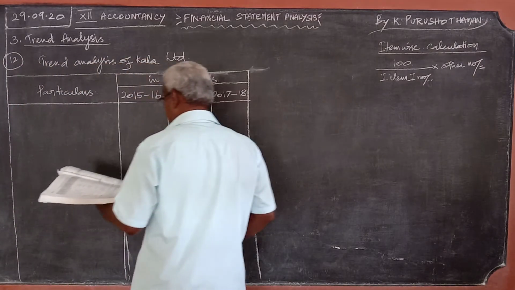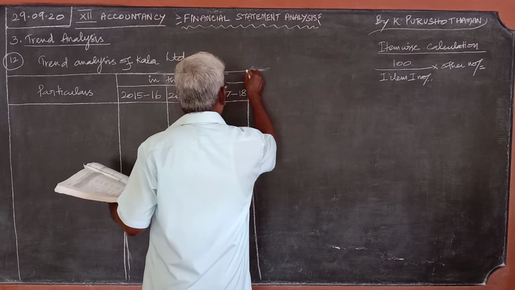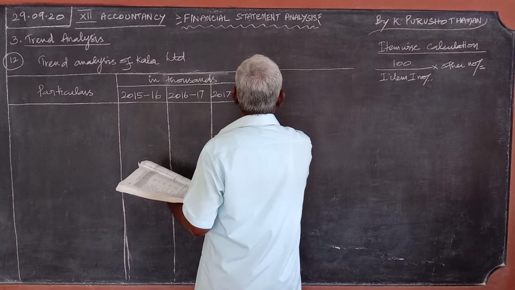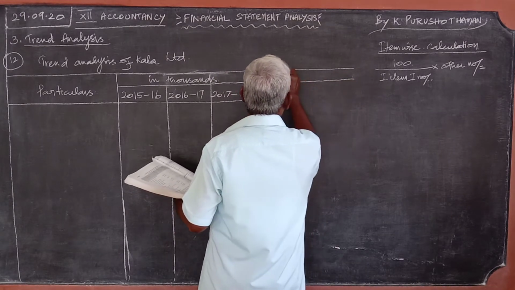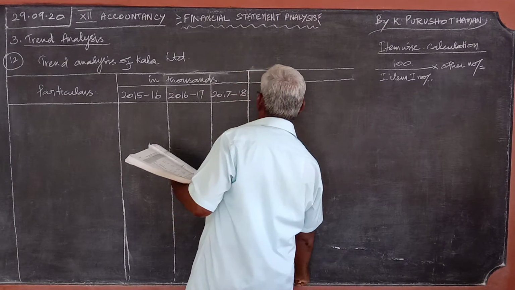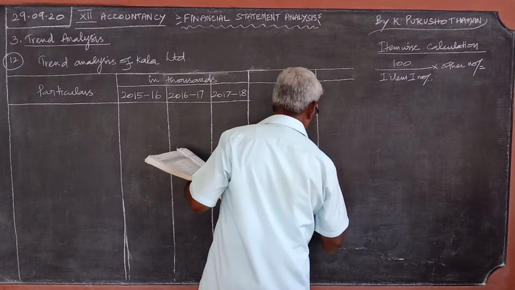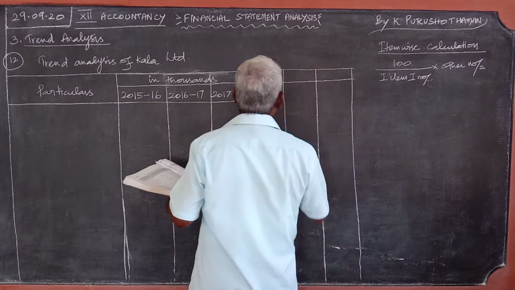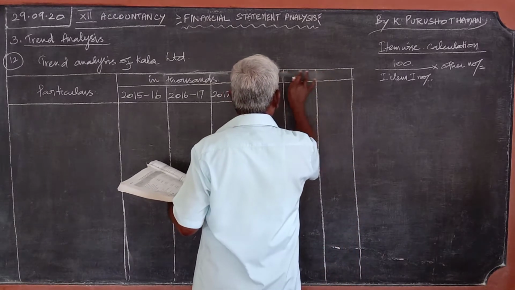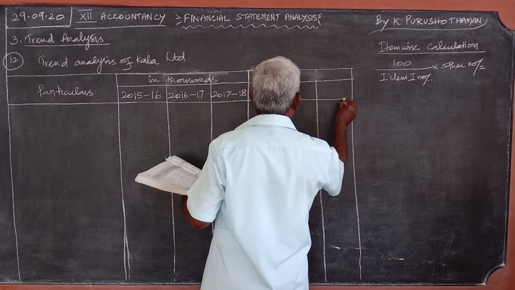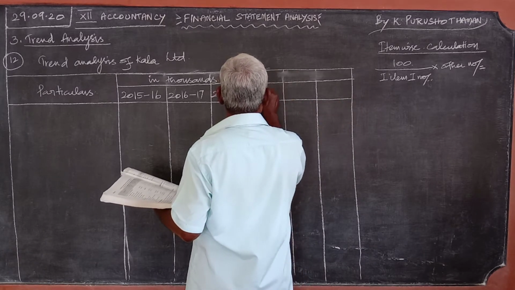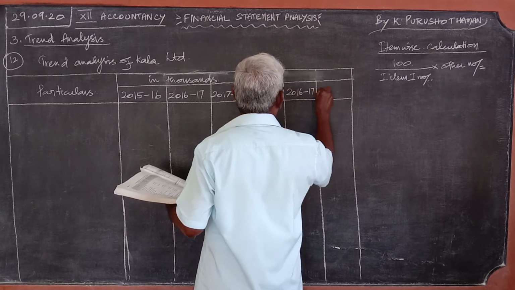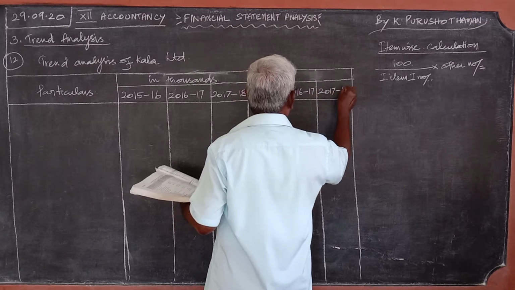For these 3 years, we should calculate the trend percentage also, so 3 more columns: one, two, and the third column, the same 2015-16, 2016-17, 2017-18.